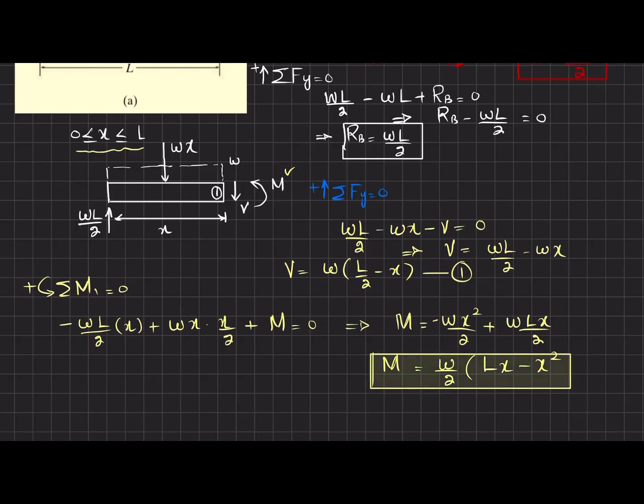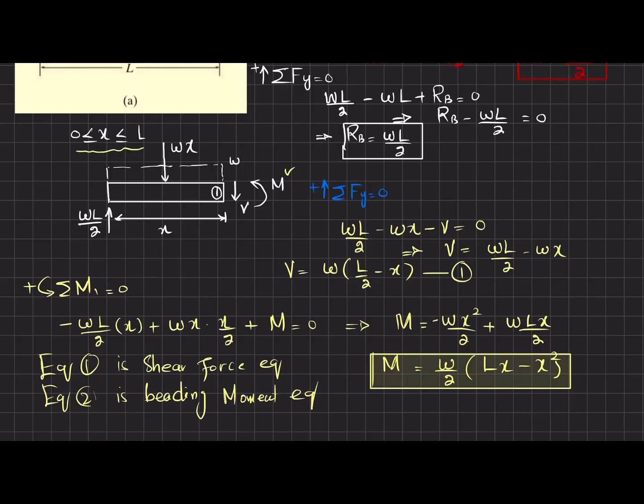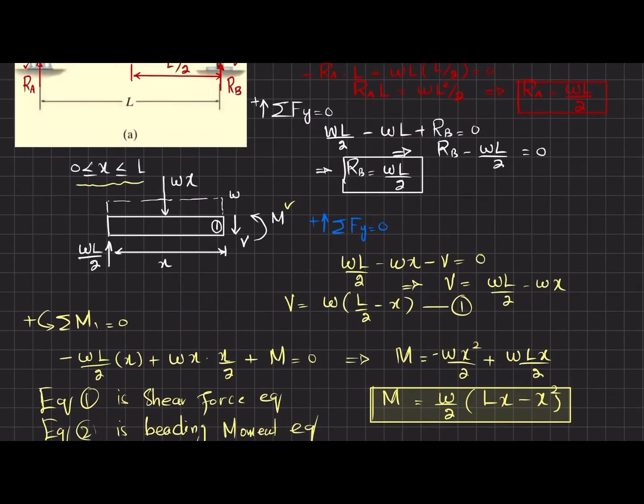Now you have both the moment and shear force equations. Equation 1 is the shear force equation, while equation 2 is the bending moment equation. So with the help of these equations, we will draw the shear force and bending moment diagrams.